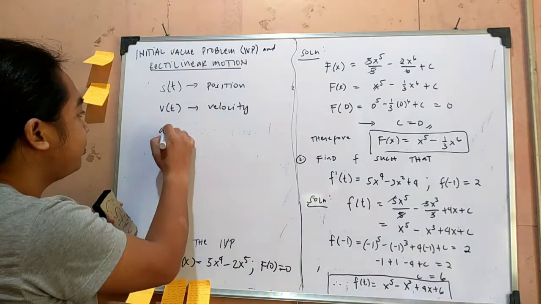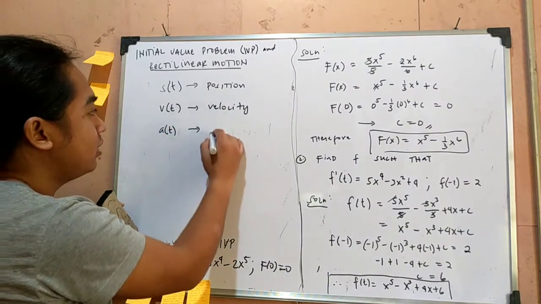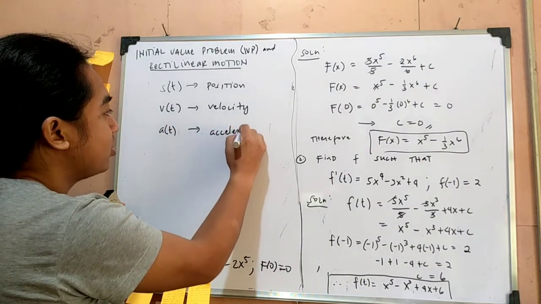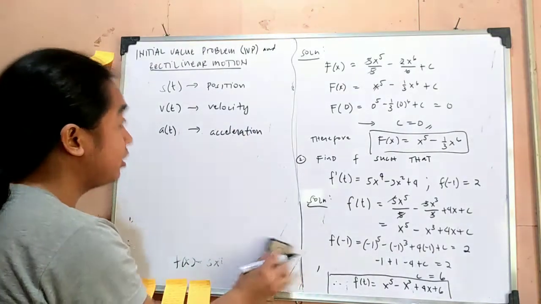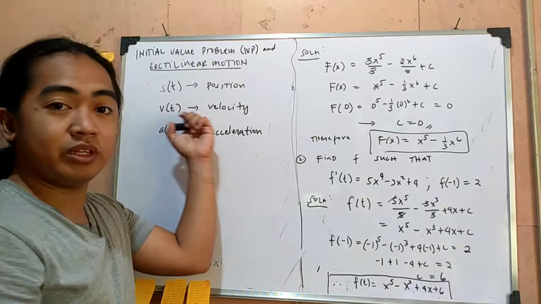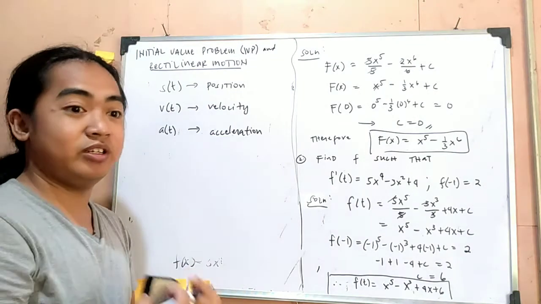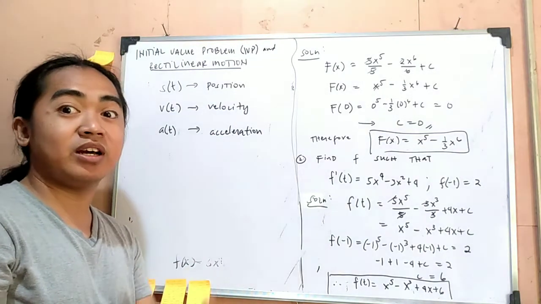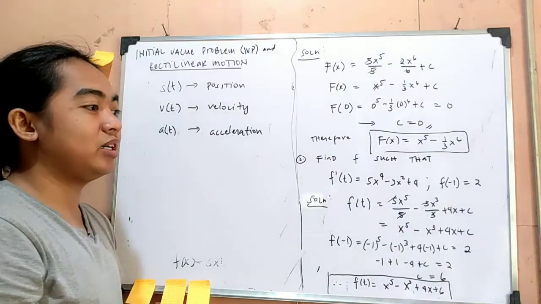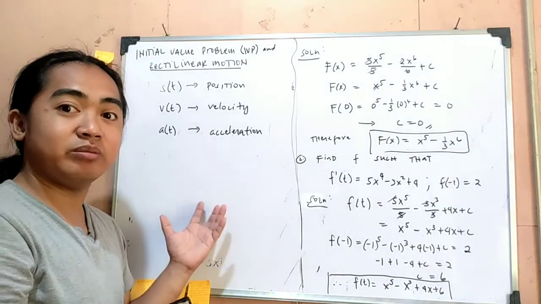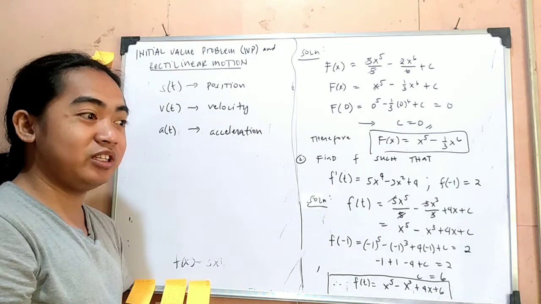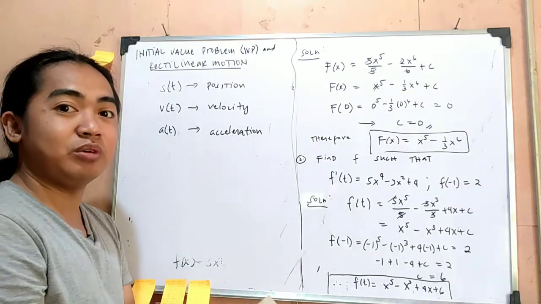And a of t will be the acceleration function. Pakitandaan lang, no? When v of t is negative, ibig sabihin, papalapit ka sa point of reference. At kapag yung acceleration mo naman is negative, ibig sabihin naman nun, nag-decrease yung speed mo.